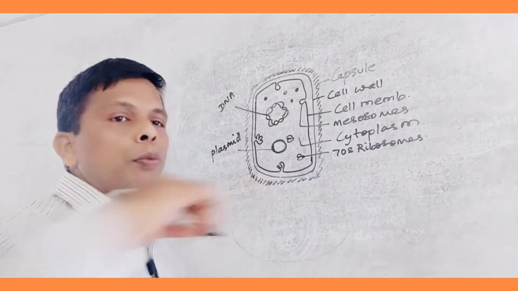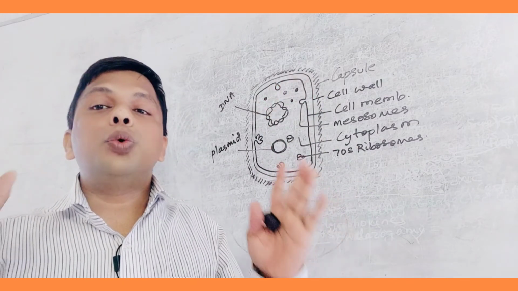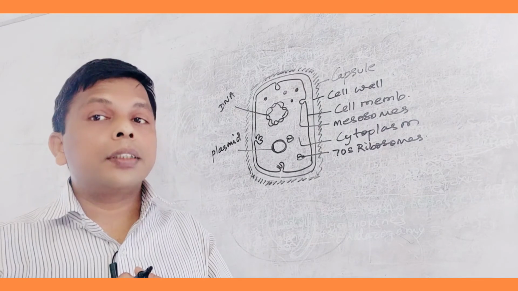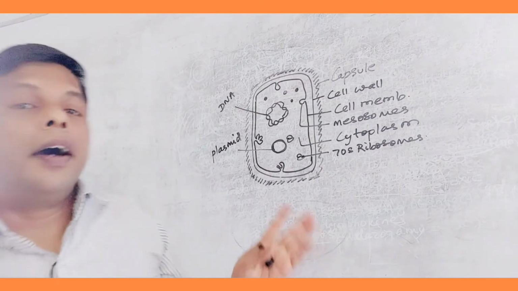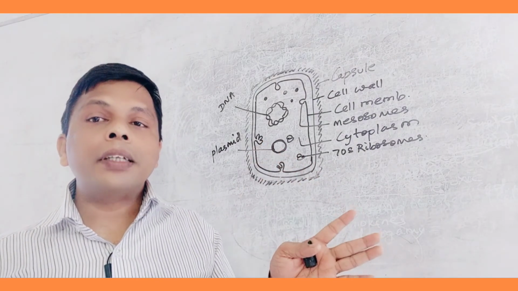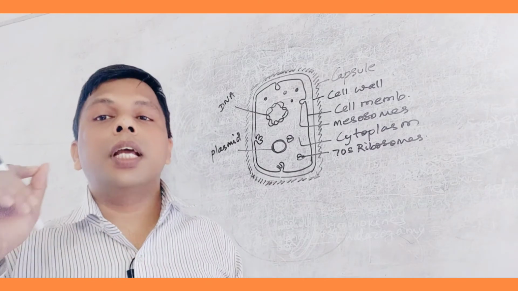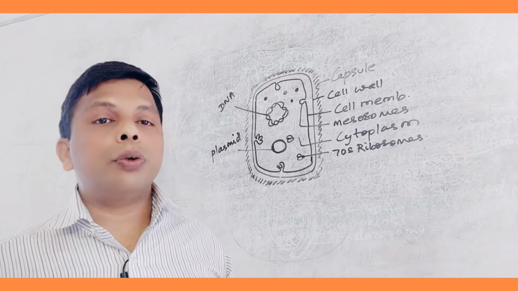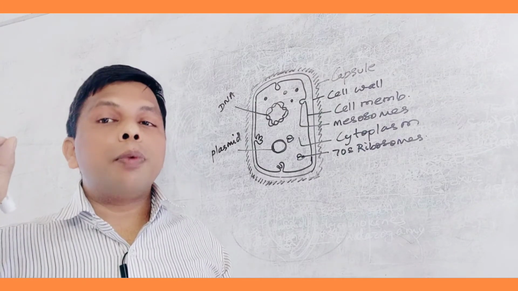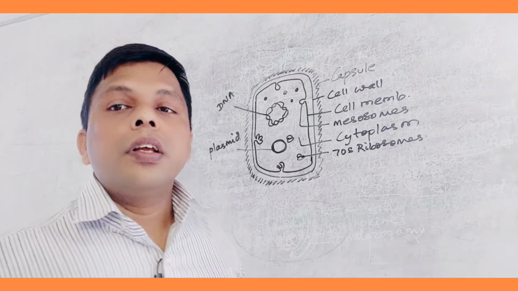The DNA is naked, without histone proteins. Microtubules and microfilaments are not found here. The cytoskeleton is absent. Spindle fibers formed during cell division are also absent here.